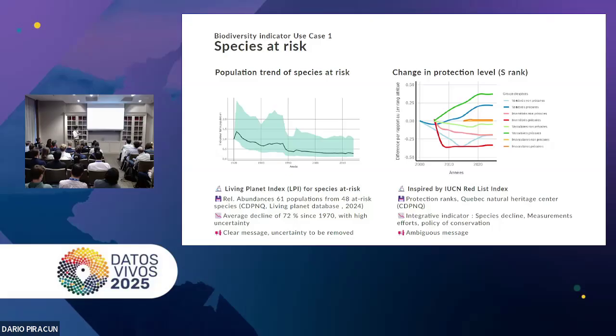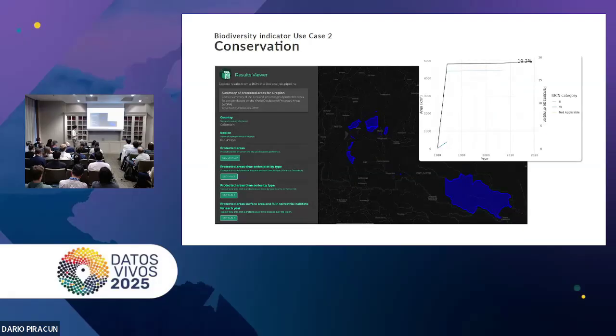In the end, this one represents well the ecology of the population, which is their trends, while this one proved to be very hard to communicate because it integrates a lot of information, which is the population species decline, but also the monitoring efforts and the efforts of policy conservation. So the message was ambiguous and we preferred that one. So this is the kind of decision we had to make.